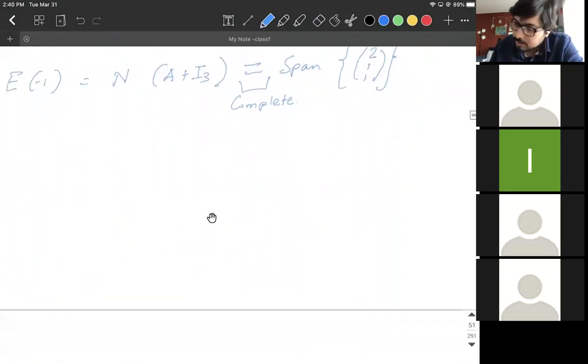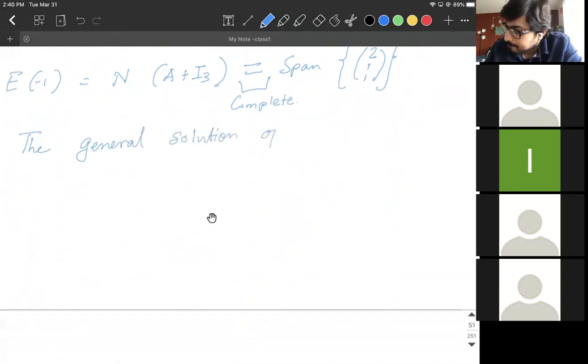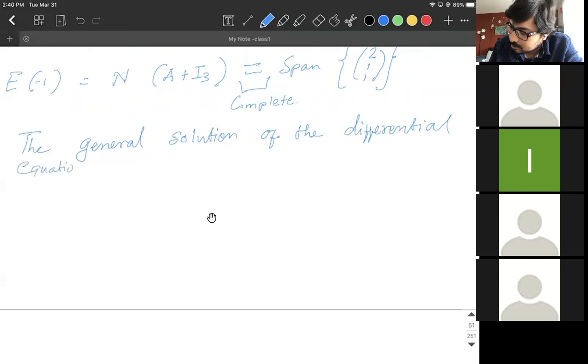Okay, so now the general solution of the differential equation is given by, let's use, since we are using y1, y2, y3, let's use the vector y.